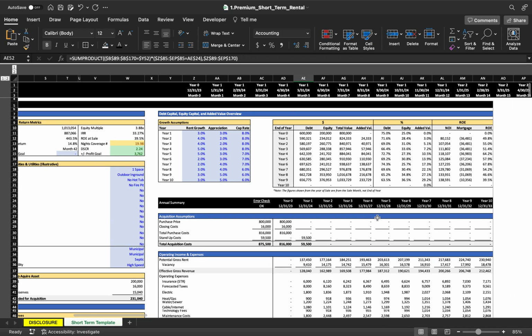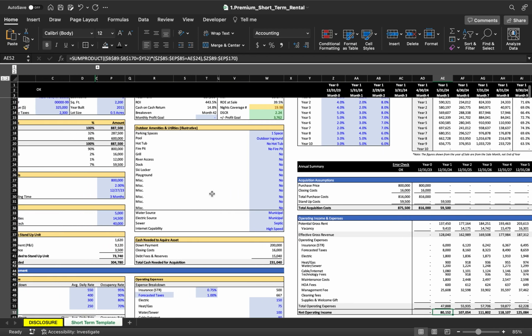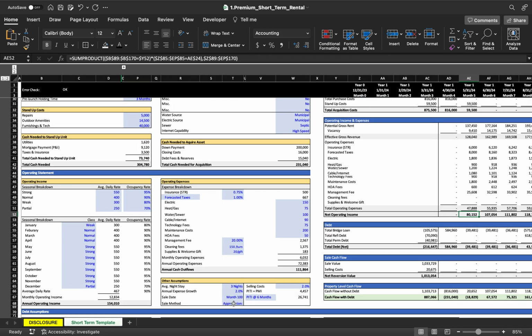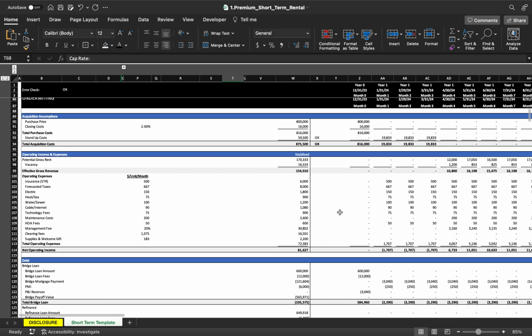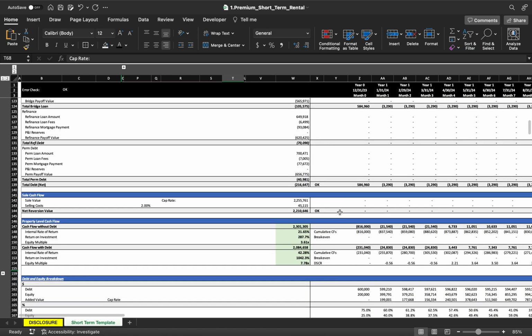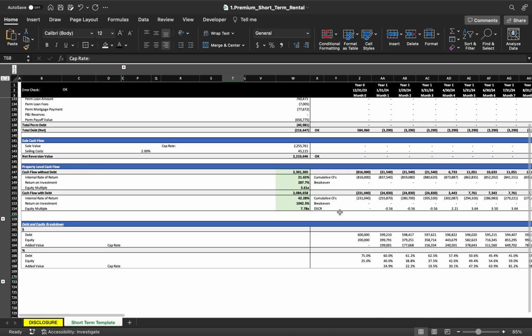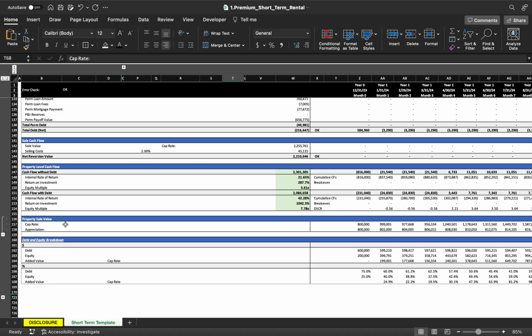In this scenario, we are valuing based on appreciation, but we can toggle to the cap rate. And if we toggle to the cap rate, scrolling down here, it shows you what the property sale value is based off of the cap rate method.